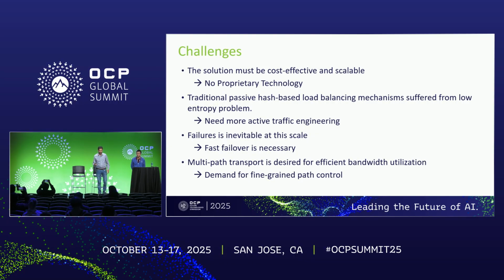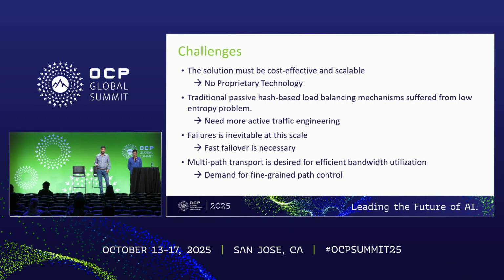So what are the challenges? As I said, we have a small number of large flows. With this, we cannot use the bandwidth of the network well because the entropy is not that high, so we need more active traffic engineering. Similarly, to use the bandwidth of the network efficiently, we need good control of the path the packet is traversing.